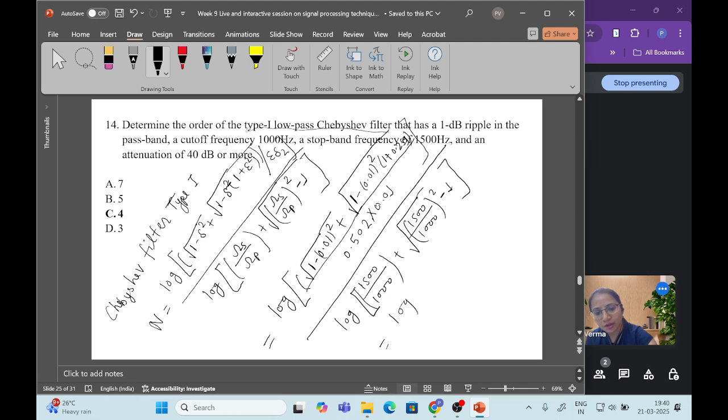Now just take a calculator and calculate all those values. You will get log 393.042 divided by log 2.618. That will equal 6.205, and it is equal to 7 also, or 6.